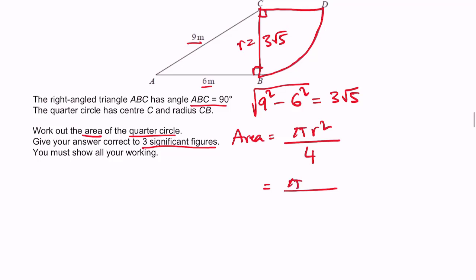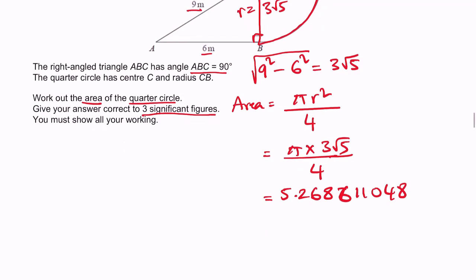So pi times 3 root 5 over 4. Let's type it all in our calculator. So shift pi, make sure you know where your shift button is, and the pi button, times 3 root 5, and then divide that by 4, a quarter of it, 5.2686, 11048. I'm just writing it all just to make sure I can round it later on.